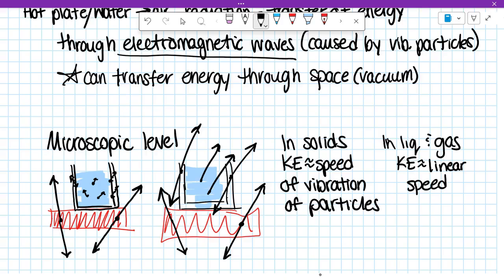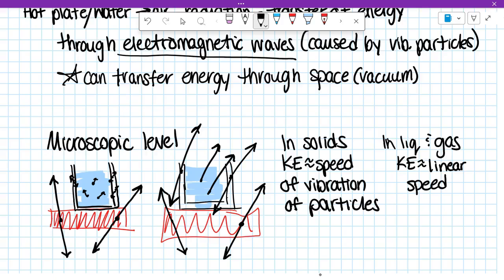Now these all happen because of collisions. The particles at the very edge of the hot plate are colliding with the particles at the very edge of the beaker. The ones at the very edge of the beaker are colliding with other ones within the beaker. And then those ones on the edges of the beaker are colliding with particles in the water, allowing for a transfer of energy. Okay. So this energy transfers because of collisions.